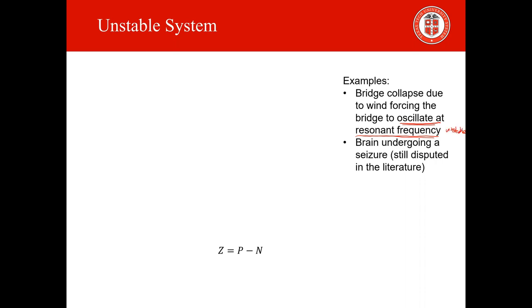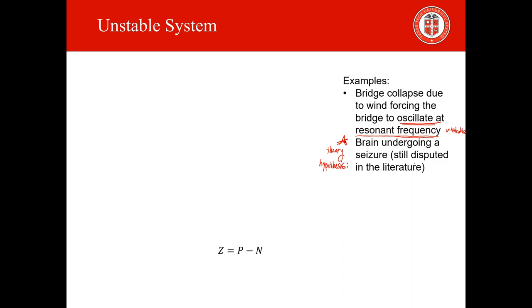There's a similar kind of theory, or maybe a better word is hypothesis, that physicians believe that when the brain undergoes a seizure, it is like the brain experiencing an instability.